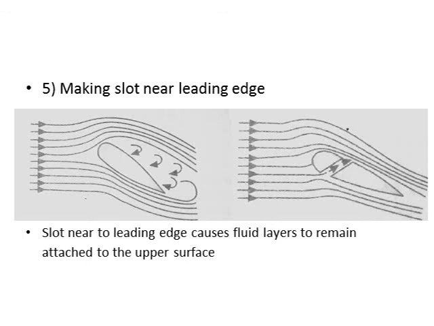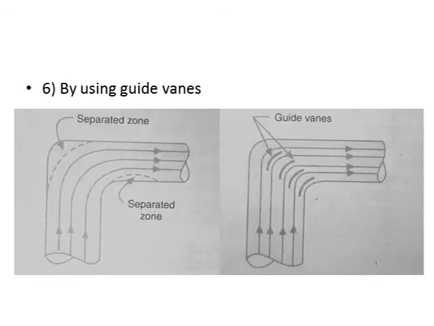Now whenever a fluid flows through a rectangular pipe, you can see the separated zone at the corner by the dotted line at the upstream side and the separated zone at the downstream side. But if you provide the guide vanes, flow moves gradually, becomes streamlined. So no separation of boundary layer takes place.